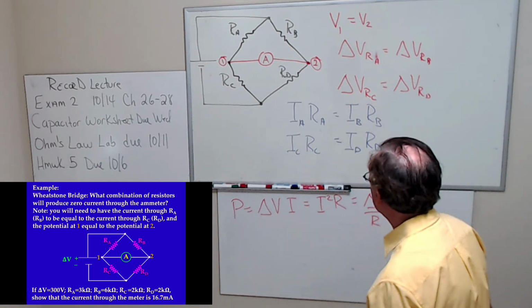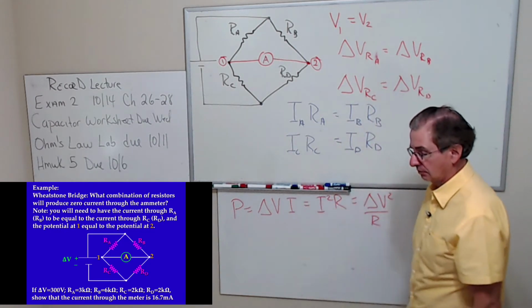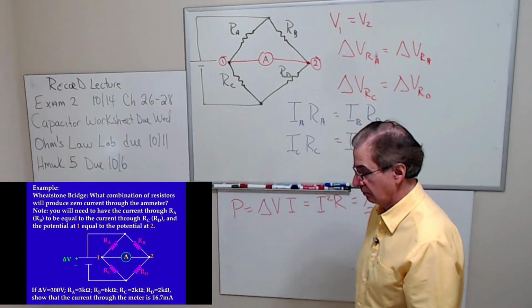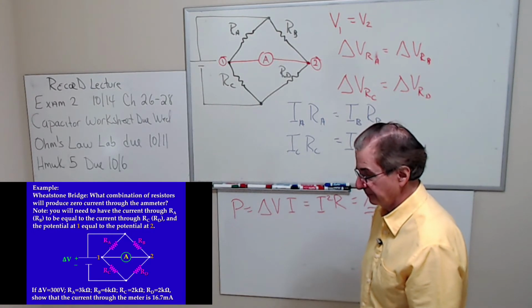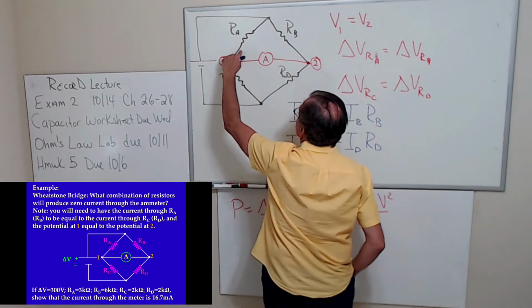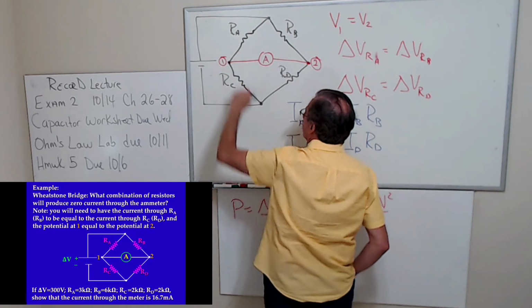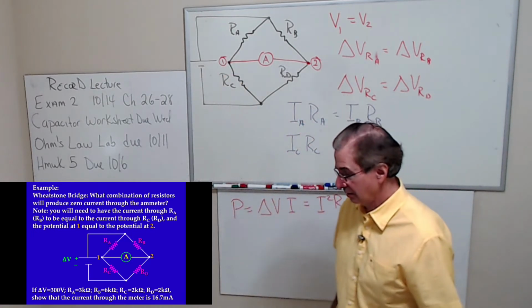What can I say about IA and IC? Since there's no current through the ammeter, all the current goes like this. What can I say about IA and IC?